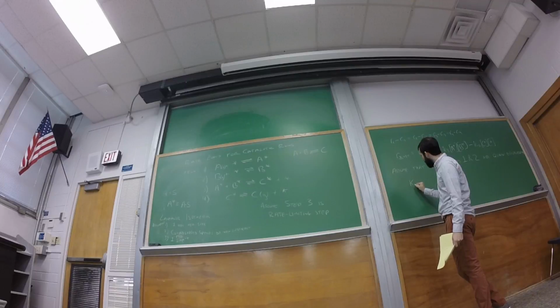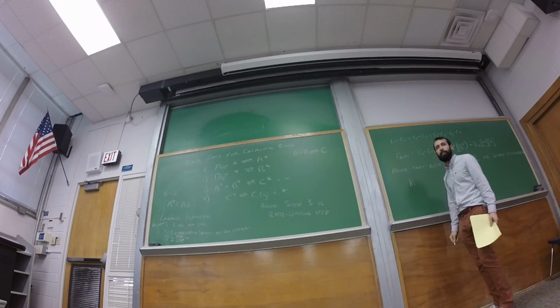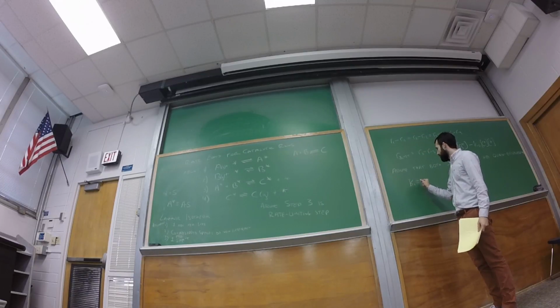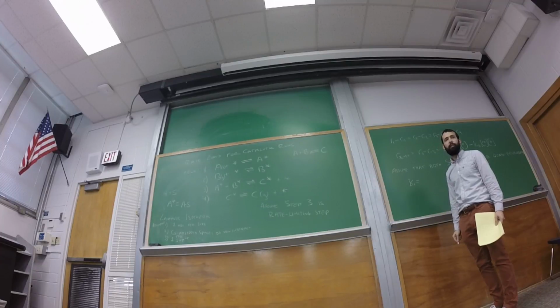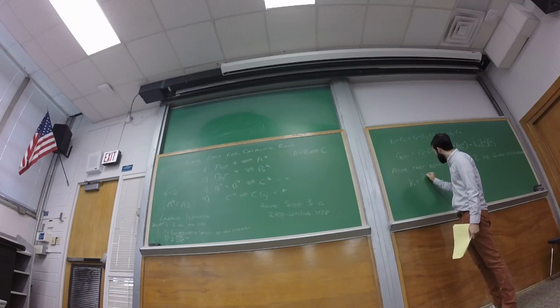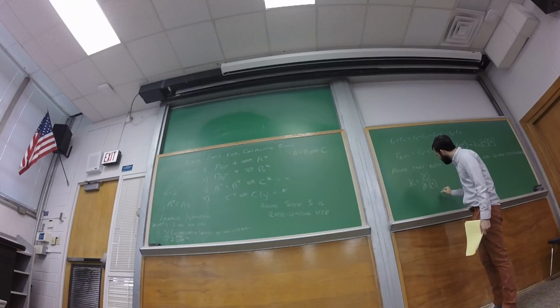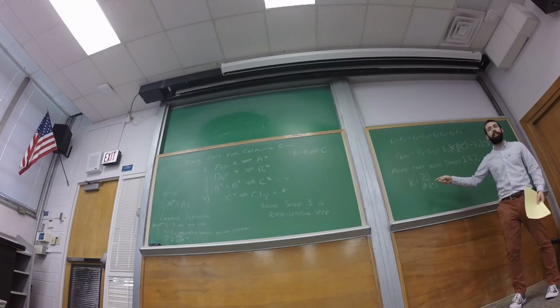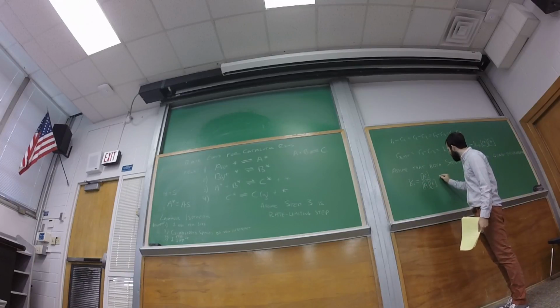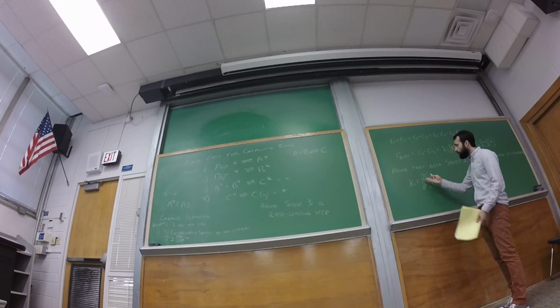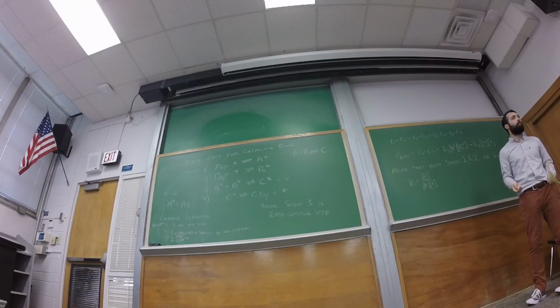So big K1, that's my equilibrium constant, is equal to what? A star over A times star. And you're essentially saying that you can use this equation because, so this equation is always true, right?